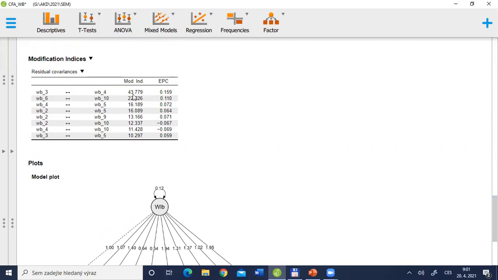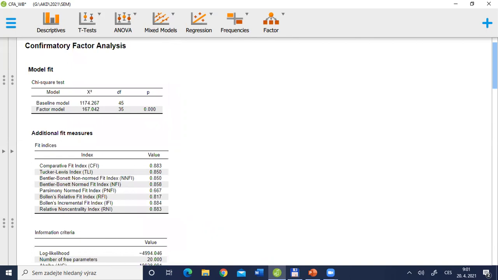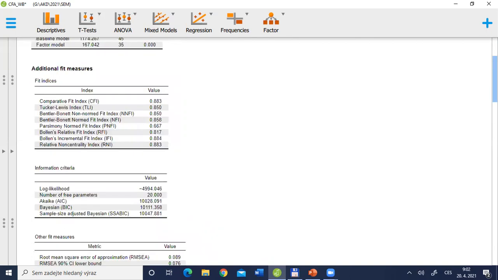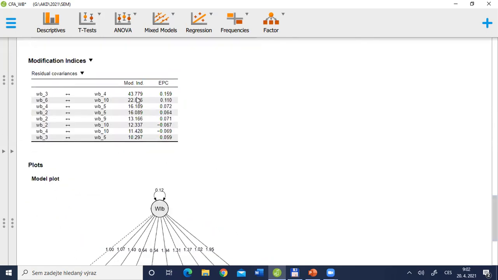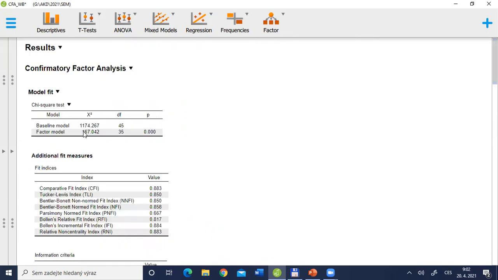It would say that if I add, for example, this relationship, my chi-square in the first table would decrease by 43 points. So instead of 167, which is the original value, it would get a value slightly above 120. So it is quite a big decrease, which means quite a big increase in quality.